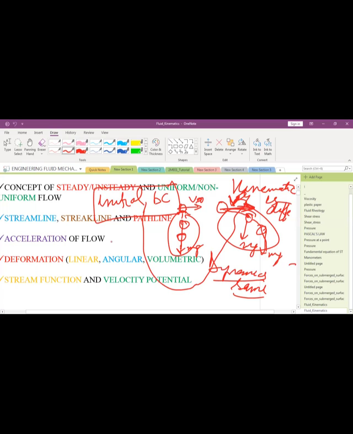So that is the dynamics part, that is the force, the lecture is the same for everyone. Each one of you is perceiving the lecture in a different manner because you have a different state of mind as of now.